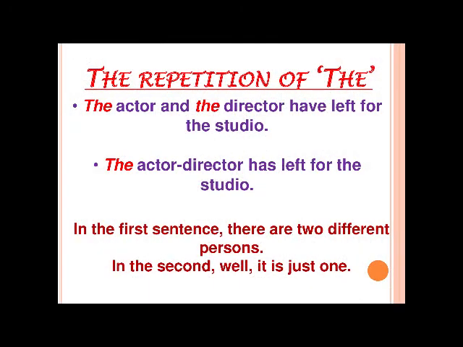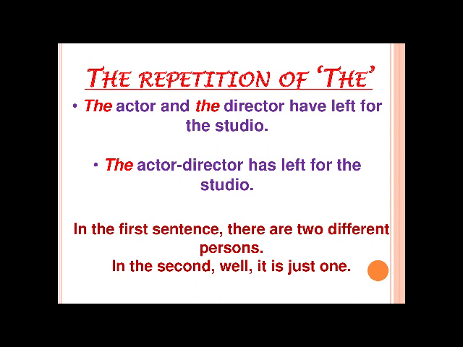But sometimes the is used twice. So here comes the topic, the repetition of the. The actor and the director have left for the studio. The actor director has left for the studio. These are two examples in front of us. Now, in the first sentence, I have used the twice. Why? Because here actor and director are two different people.